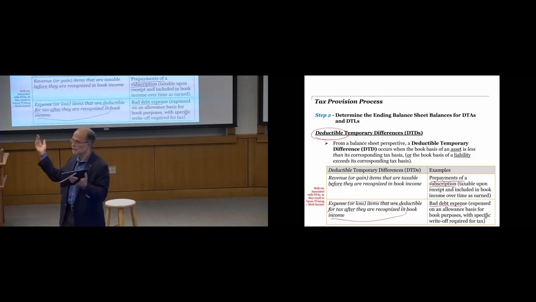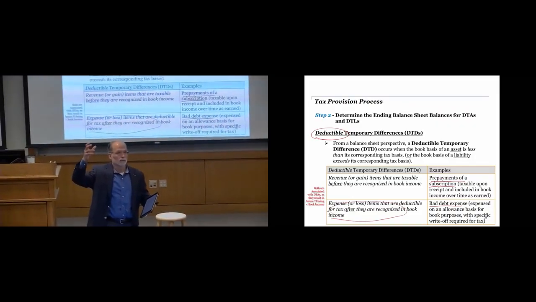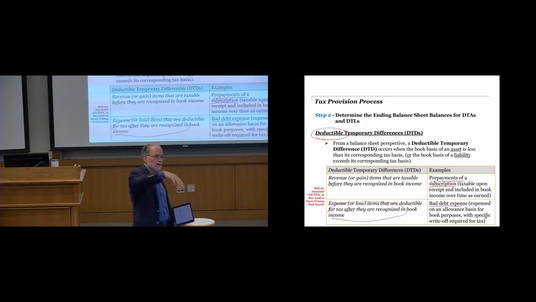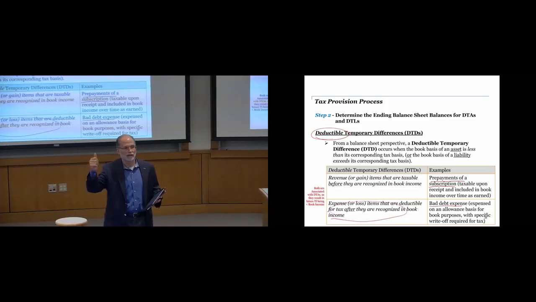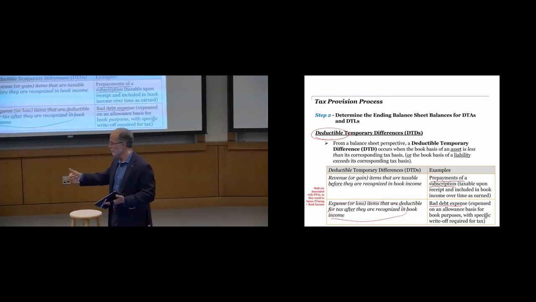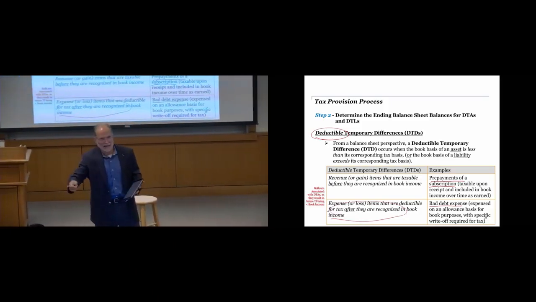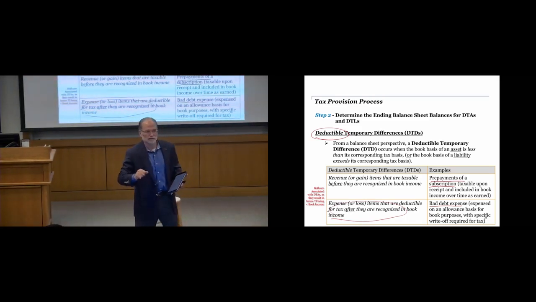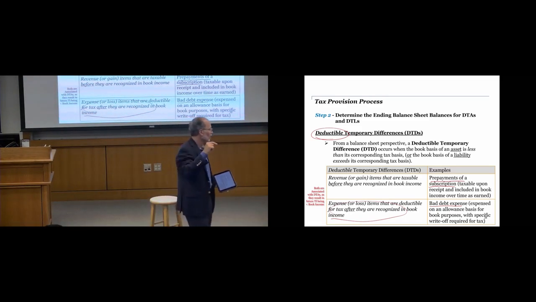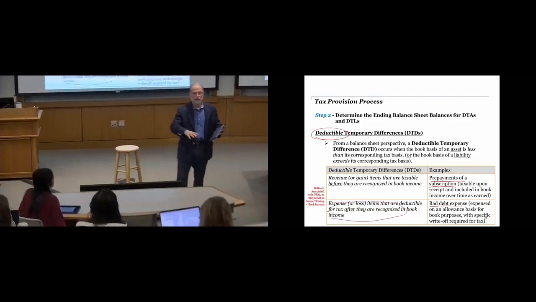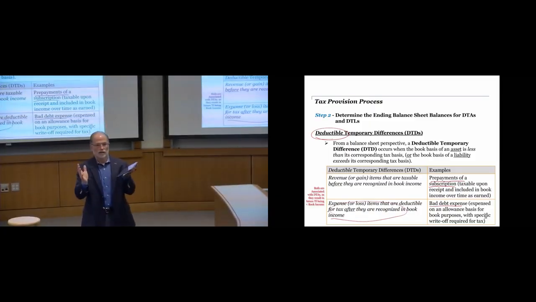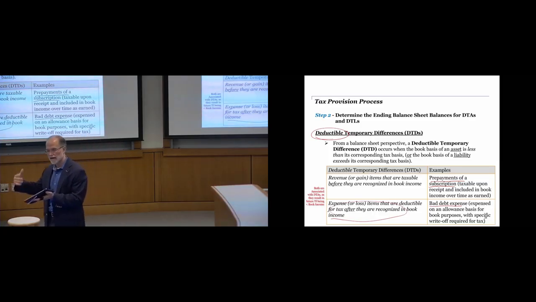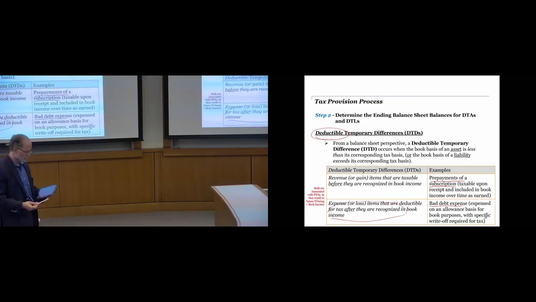Say 2% of accounts receivable is never going to be collected, so they take a bad debt expense for that. You guys know the tax rule is we don't go by estimates, right? We need actual detailed account-level information that the account itself is not collectible, because I can't find that person, or they've left the country, or whatever. Then I'm allowed a tax deduction. So usually I have an acceleration of expense for book relative to tax. Tax lags, waiting for more concrete information.